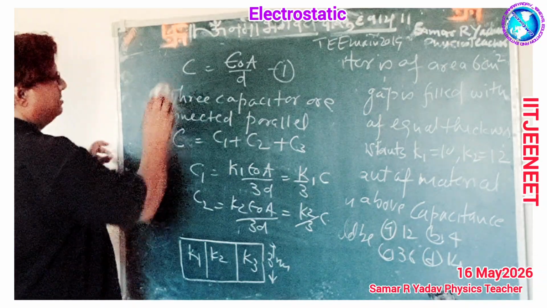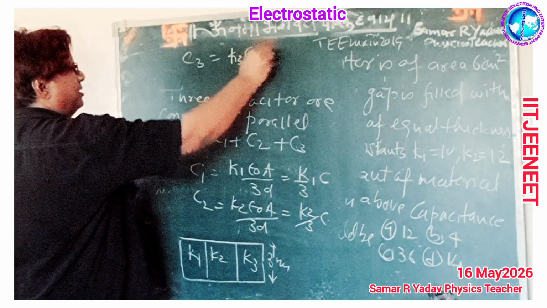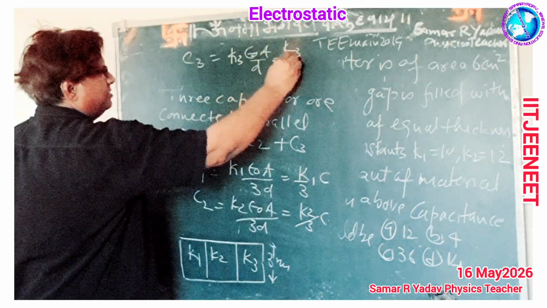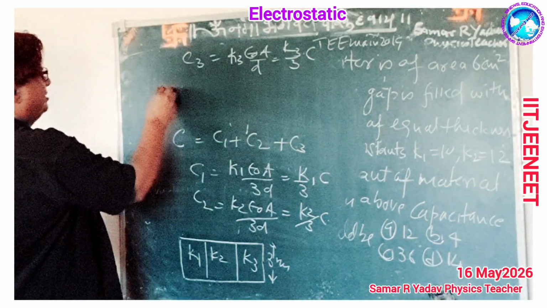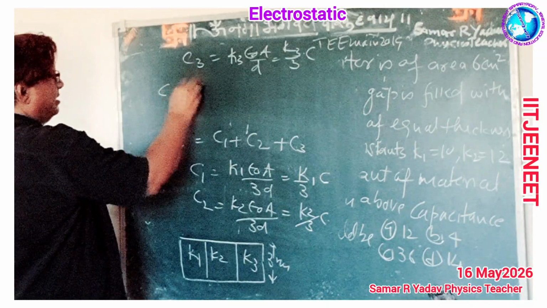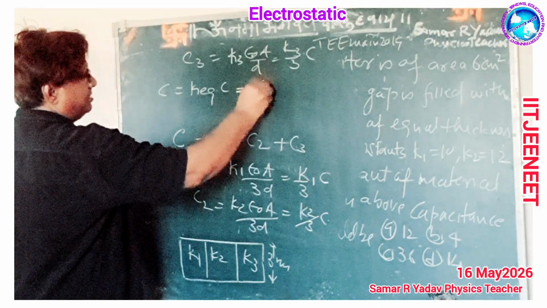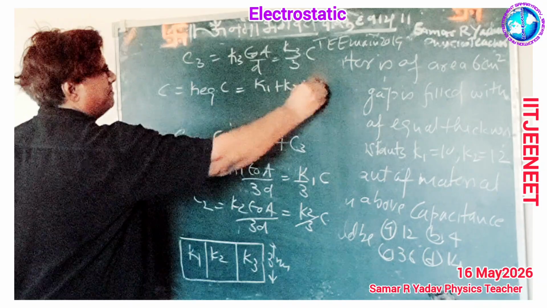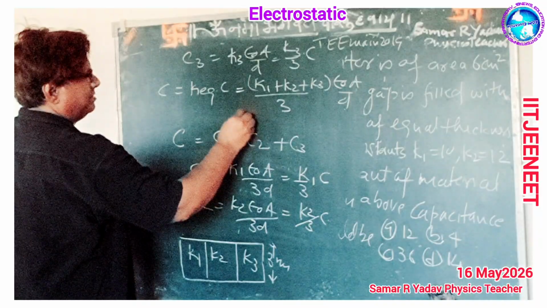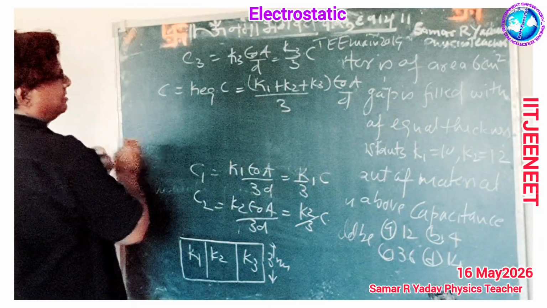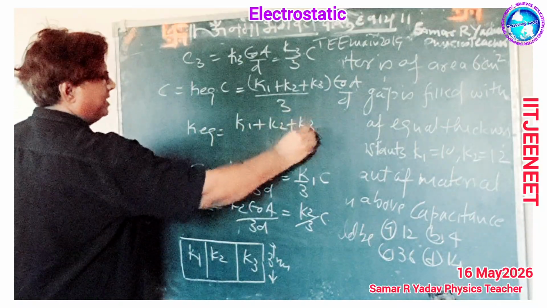And C3 is equal to K3 epsilon 0 A upon D by 3, which is K3 by 3 into C. Therefore, C equivalent, which is K equivalent into C, is equal to K1 plus K2 plus K3 upon 3 into epsilon 0 A upon D. Therefore, K equivalent is equal to K1 plus K2 plus K3 by 3.